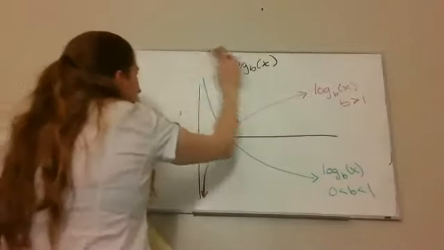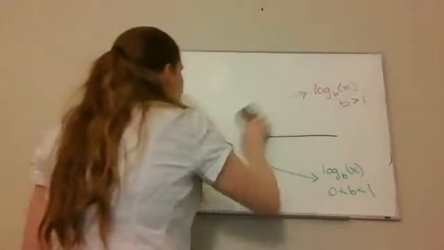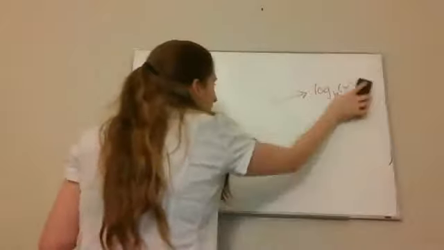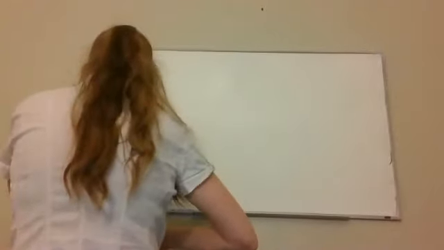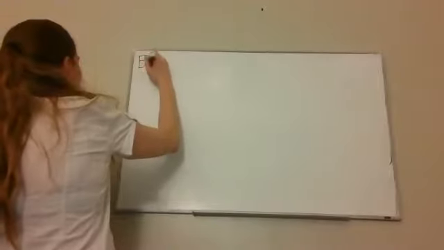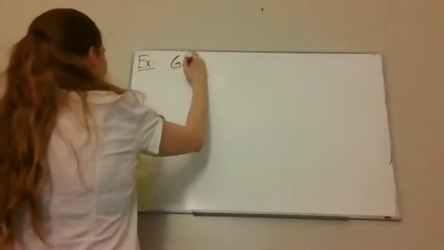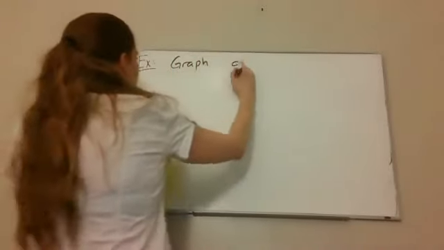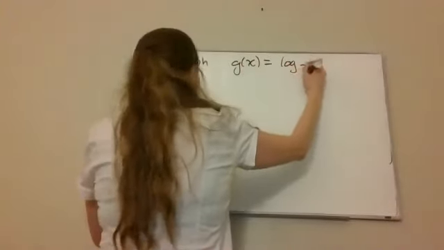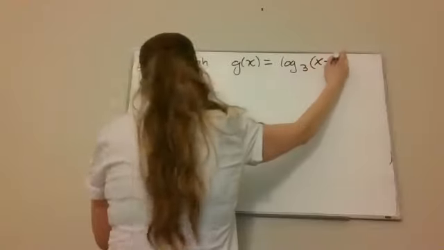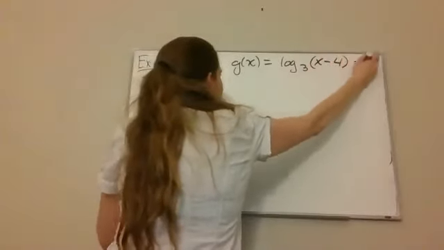So now that we know what logarithms look like, we can graph more complicated functions involving logarithms by using our transformations of graphs, like what we've done before. So as an example, let's graph the function g of x equals log base 3 of x minus 4 plus 1.